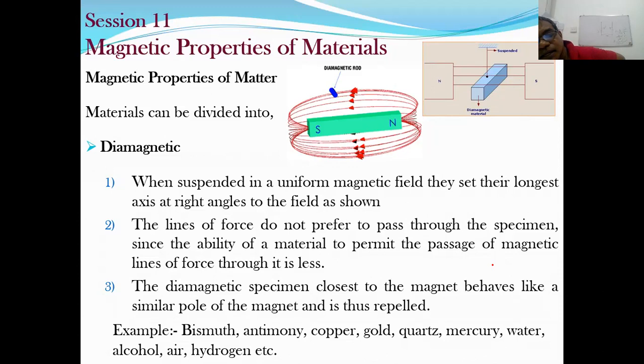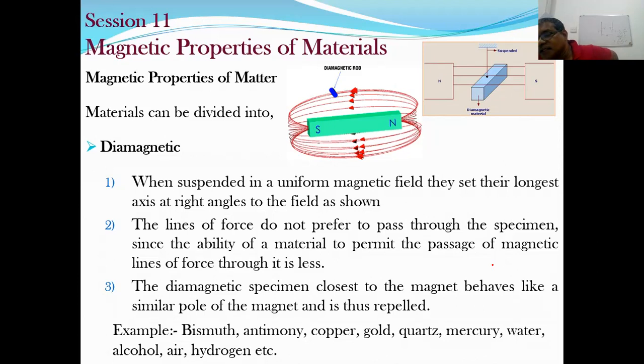So in the book it says this is caused by the motion of electrons around the atomic nuclei. This is actually due to the atomic structure of the material. That is correct.